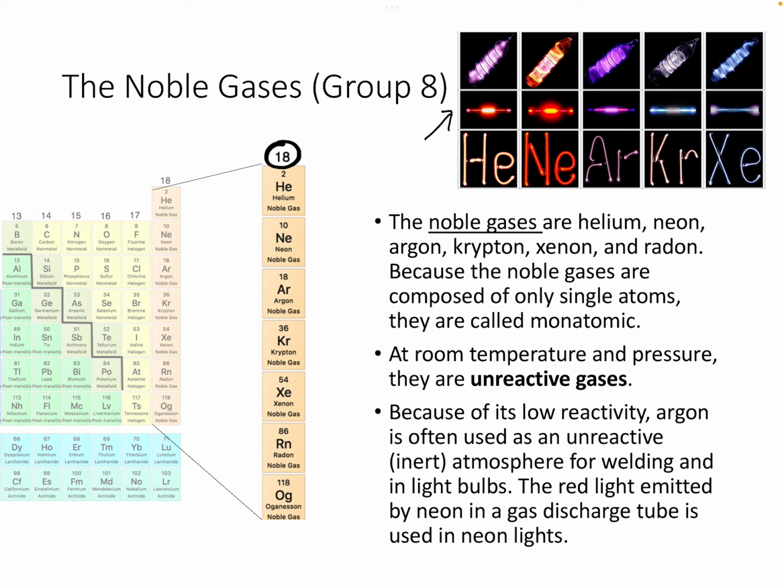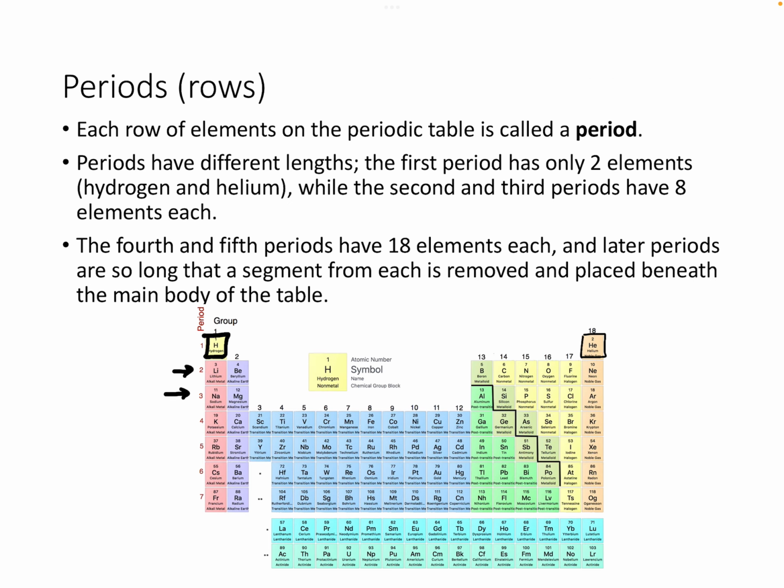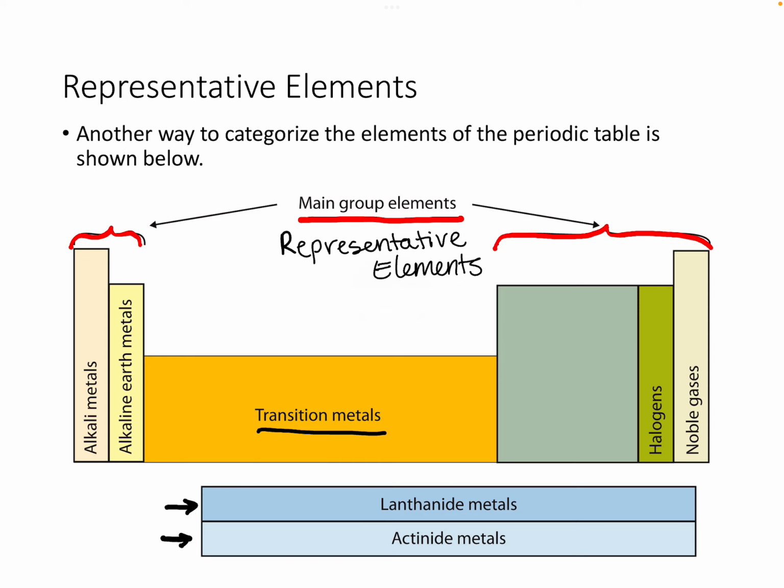However, if we're just looking at the representative elements, we can number them 1, 2, 3, 4, 5, 6, 7, and 8. So that's why there's two different sets of numbering schemes. It depends on if you're looking at the entire periodic table or just those representative elements. So either numbering scheme is correct.